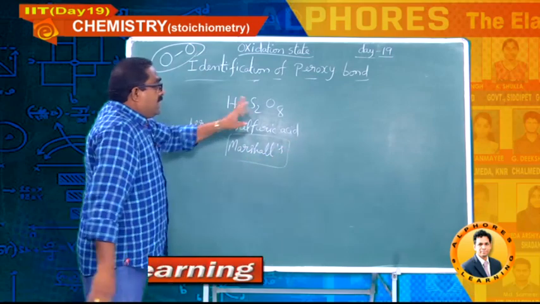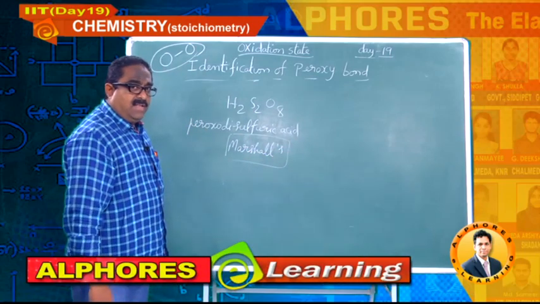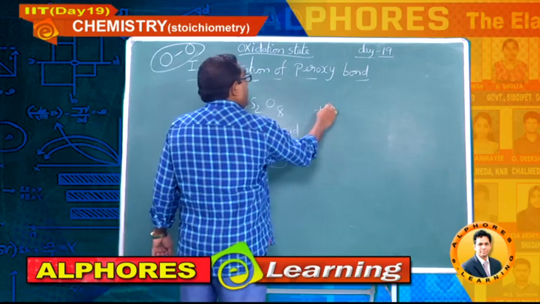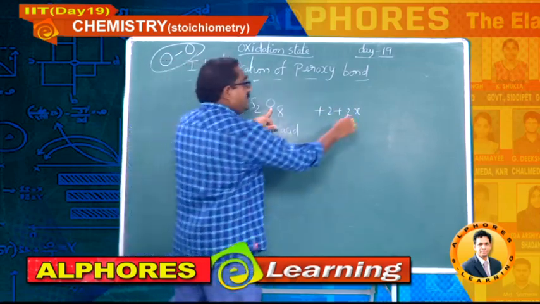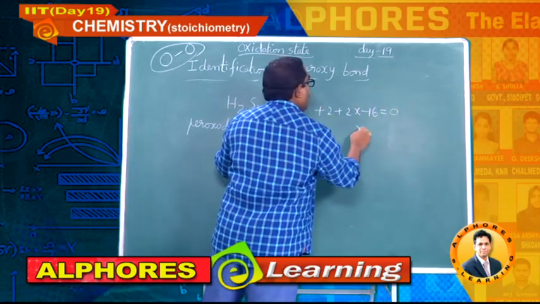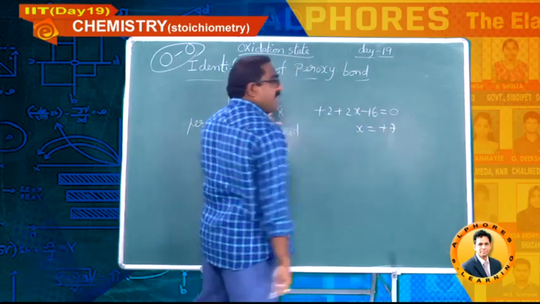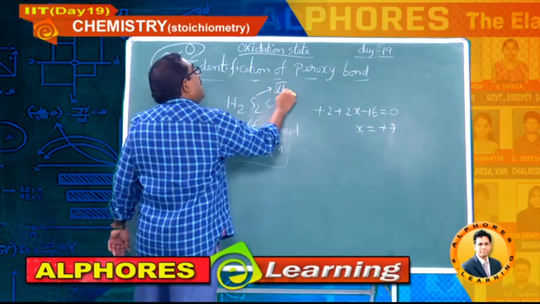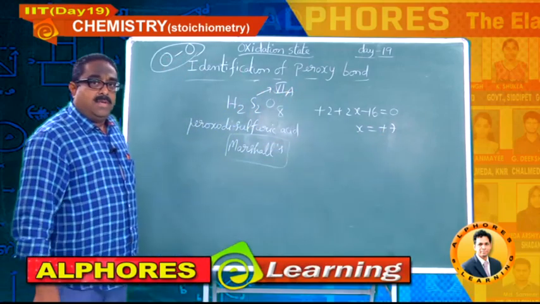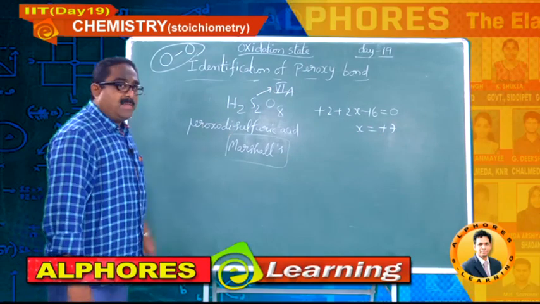Now let us calculate the oxidation state of sulfur in this compound. For 2 hydrogens +2, 2x. For 8 oxygens, 8 into -2, -16 equals 0. X you will get as +7, more than again the group number of sulfur, 6A group. Maximum +6 only, but you got +7.